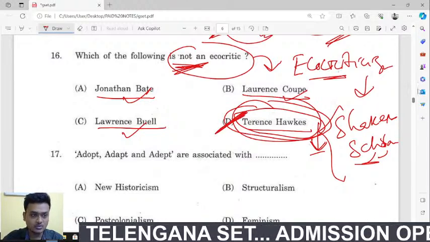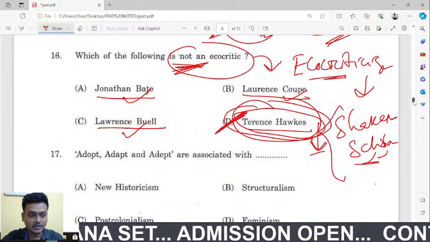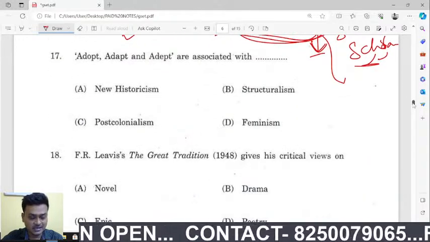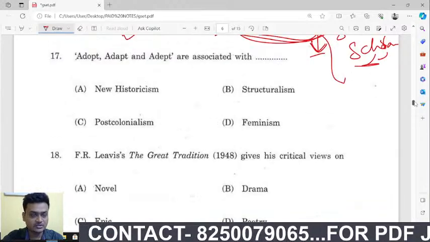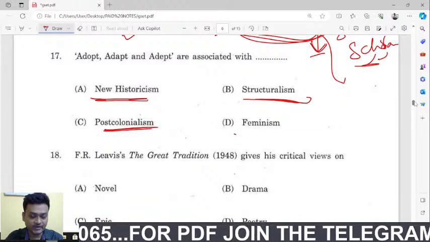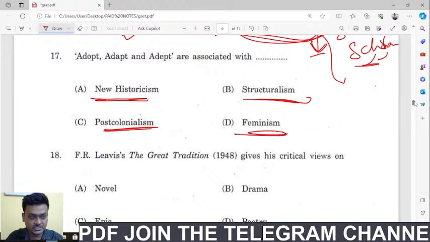Now here is adopt, adapt, and adapt. These are terms associated with new historicism, structuralism, post-colonialism, feminism. Very easy.